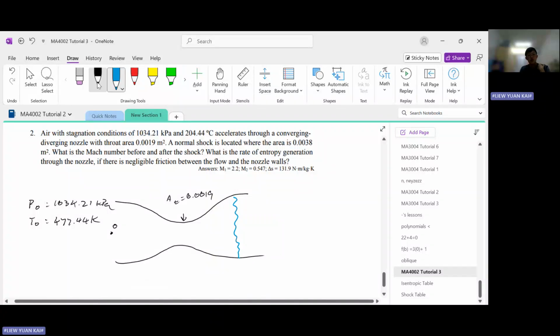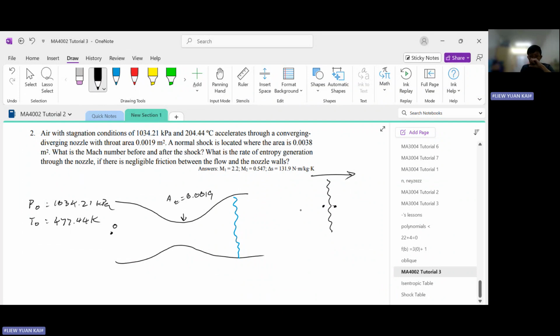Why? Okay, so remember I said that you need to remember the structure of a shock. That is to say, you must remember that if the flow is in the rightward direction, immediately upstream of the shock, this is supersonic. Immediately downstream of the shock, it is subsonic.